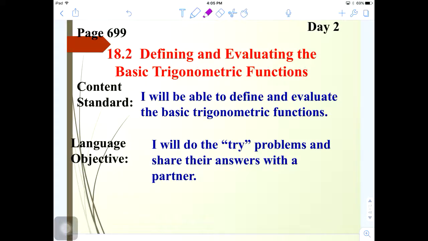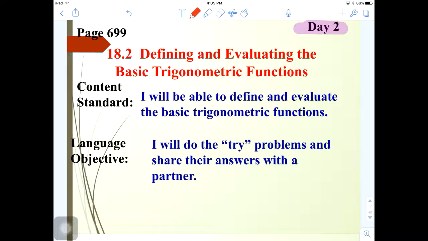Hello everyone. Today we're going to continue learning 18.2, defining and evaluating the basic trigonometric functions. And so in day 2, we're going to continue. Yesterday we spent a great deal of time looking at the values of sine, cosine, and tangent of 30, 45, and 60-degree angles in quadrants 1, 2, 3, and 4, and seeing how the signs change from quadrant 1, 2, 3 to 4.